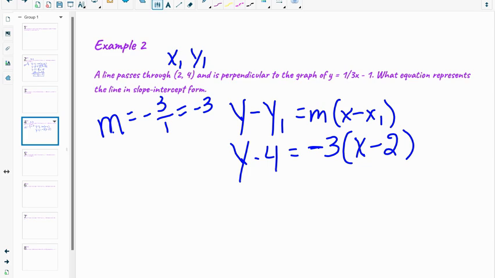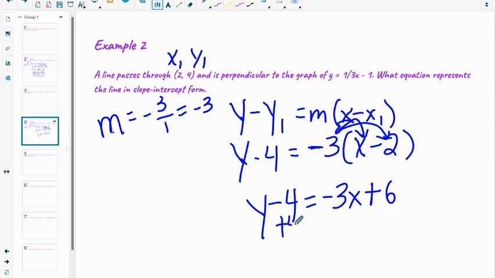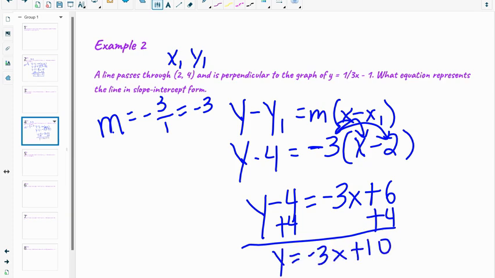We'll distribute. We get y minus 4 equals negative 3x. That's a negative 3 times a negative 2, so that would be a plus 6. And then we'll add 4. We get y equals negative 3x plus 10.